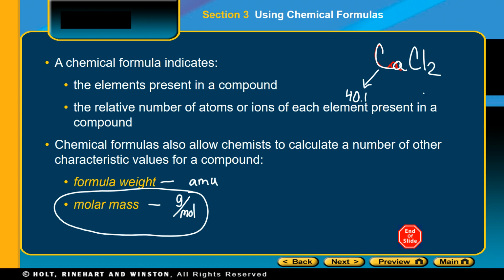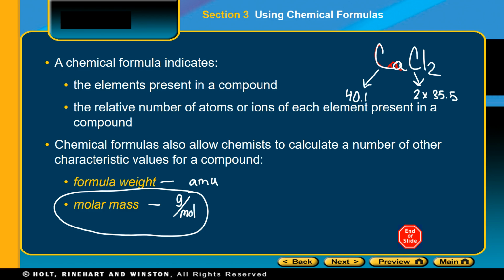What's chlorine's contribution going to be? Just 35.5? 2 times 35.5, right? Because there are 2 chlorines in it, so 71-ish. So that's what we're kind of looking at. To get the molar mass of this, I'm going to add that together.